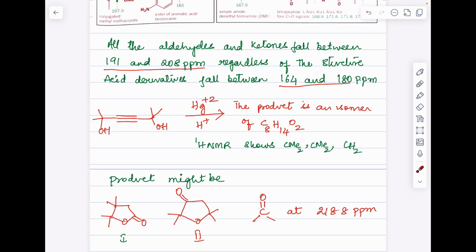So let us look at this example where this alkyne on reaction with Hg plus 2 in the presence of acid catalyst, we get the product with the molecular formula C8H14O2. So what could be the product, is it 1 or 2?